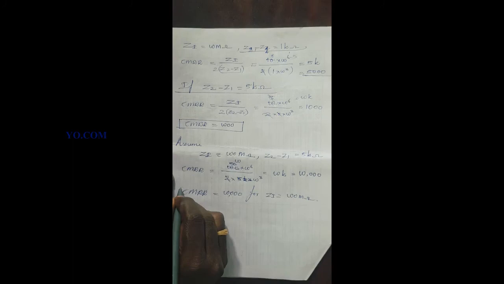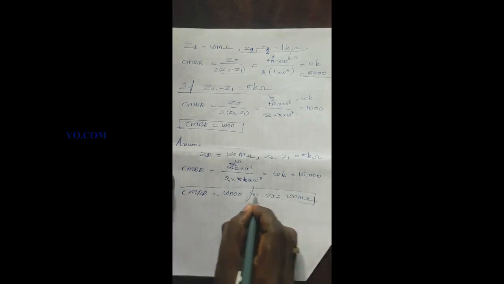So it shows that the input impedance is very necessary to obtain high CMRR. Okay, right, so from this we can understand that the input impedance is very much important to increase the CMRR, right?